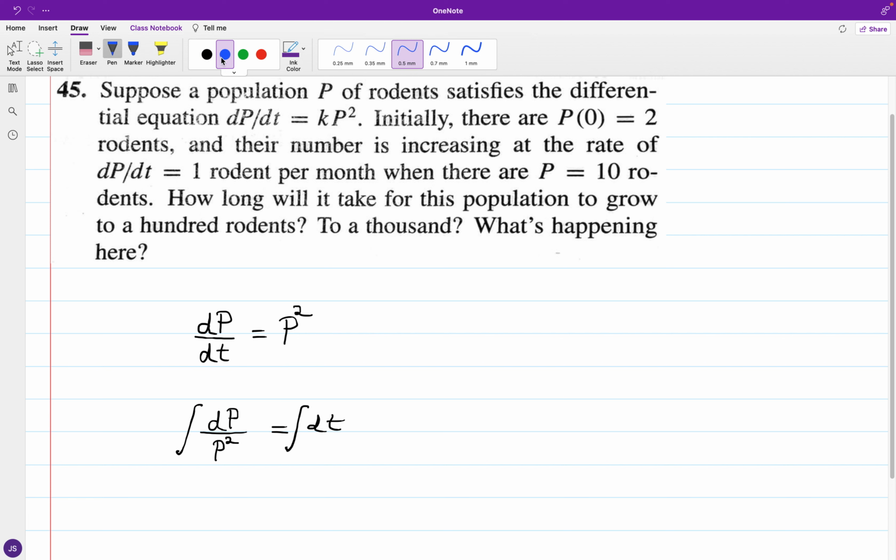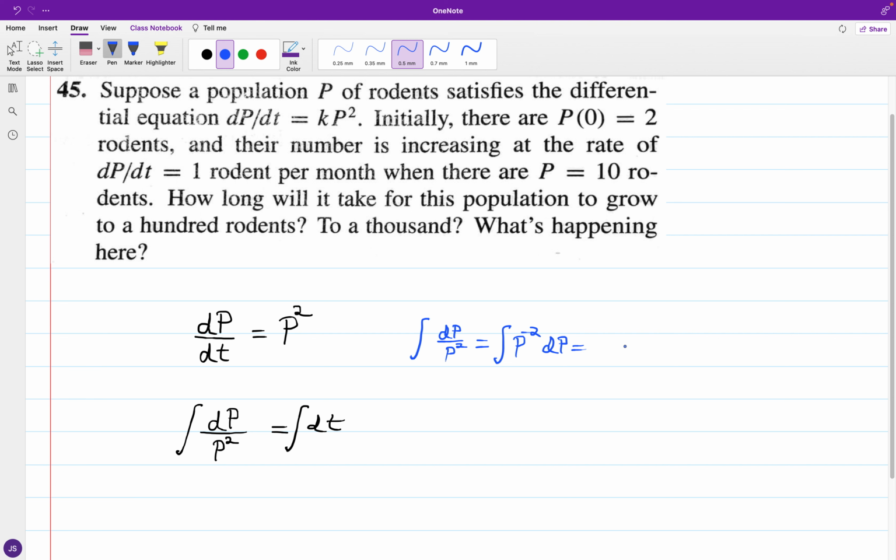And just going back, for the reciprocal of P squared, we can apply the power property of integration. We can write 1 over P squared dP as P to the negative 2 dP.